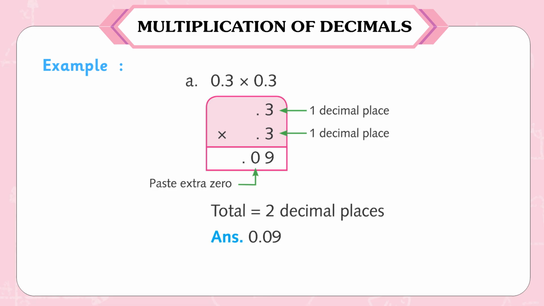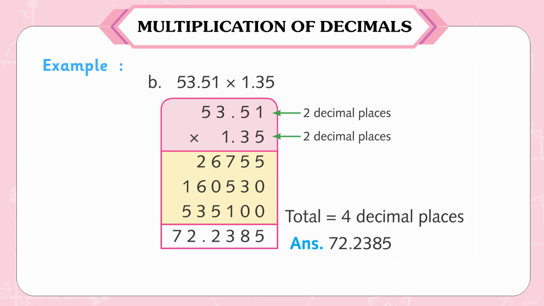Example: A. 0.3 times 0.3. 0.3, 1 decimal place, times 0.3, 1 decimal place. 0.09, paste extra 0. Total is equal to 2 decimal places. Answer 0.09.